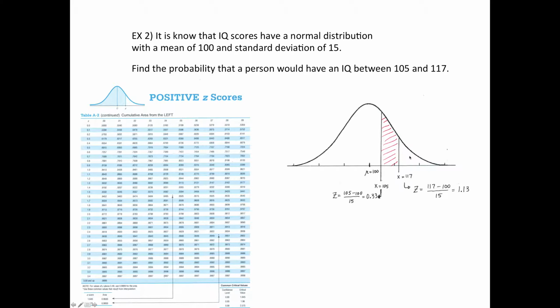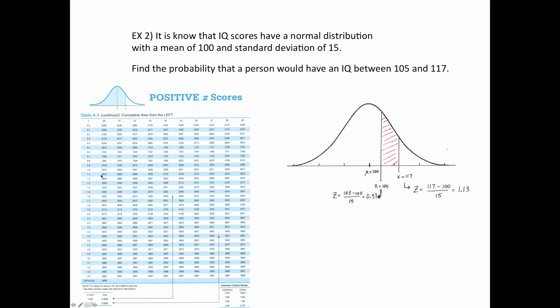So I am going to look up this one first of all, that z equals 1.13. And that is right here, it's an 8708. Now an 8708 would go from the z equals 1.13 all the way to the left forever.